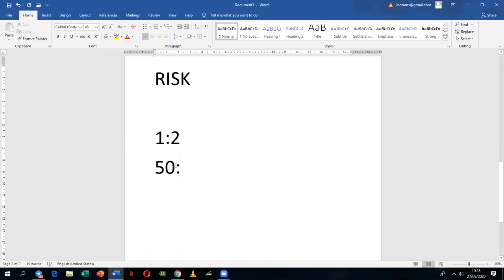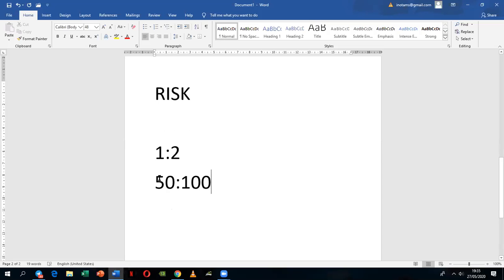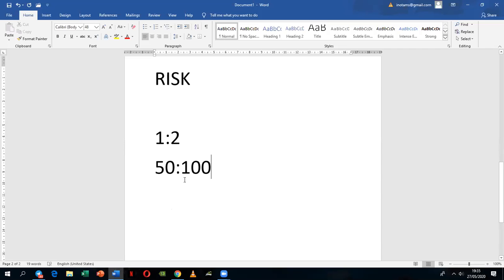Let me say this time I don't want 50 pips, I want 100 pips for that position I've opened. So this means you're risking 50 pips to make 100, which means you're risking less to make more. That's how, when you divide this, you come back to 1-to-2.